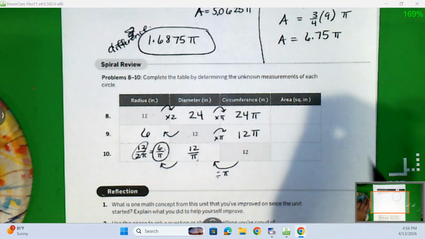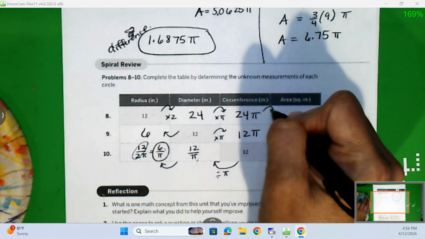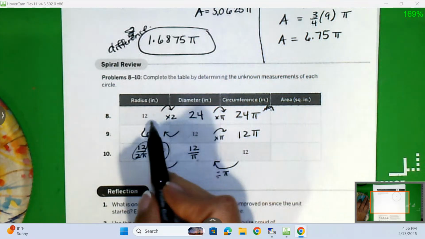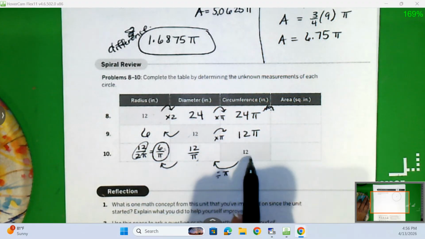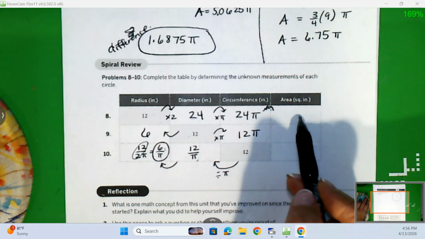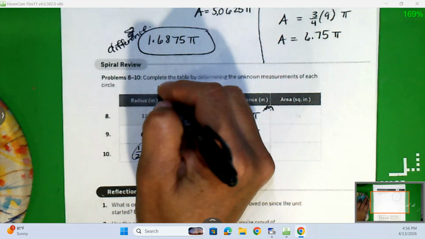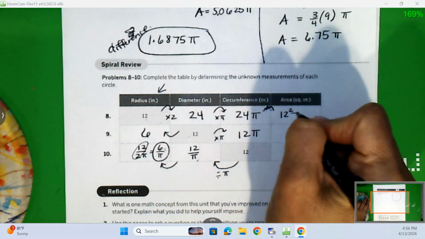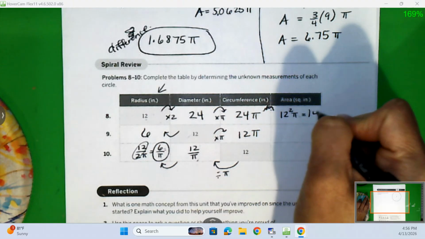Okay, working across this way, area, it's hard to get it from circumference. These are all linear and proportional. When we go to the area of a square, we're coming all the way to a radius and squaring it. So we're going to do 12 squared pi, which is 144 pi.